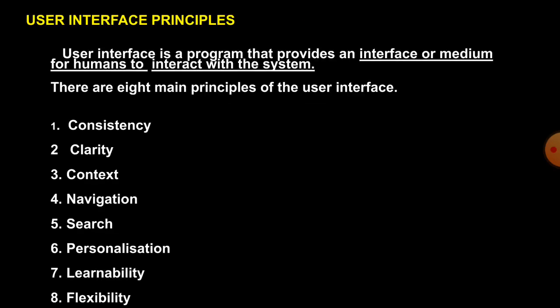So what are the user interface principles in multimedia? A user interface is a program that provides an interface or medium for humans to interact with the system. When interacting with the system, what principles should the user interface follow?